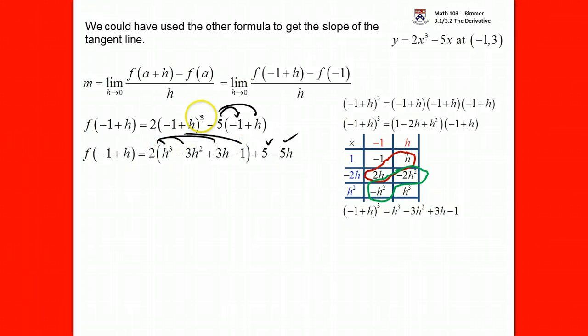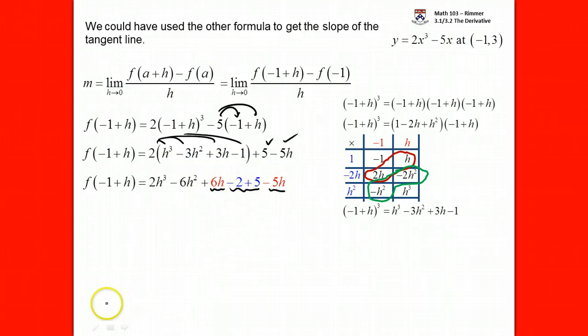And we end up with 2h cubed minus 6h squared plus 6h minus 2. And what's going to happen is we get cancellation. So the minus 2 plus the 5 combine to give me a 3. And the 6h and the minus 5h combine to give me an h.